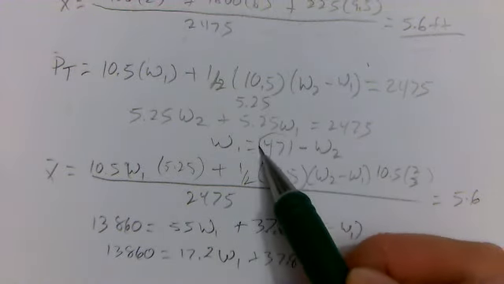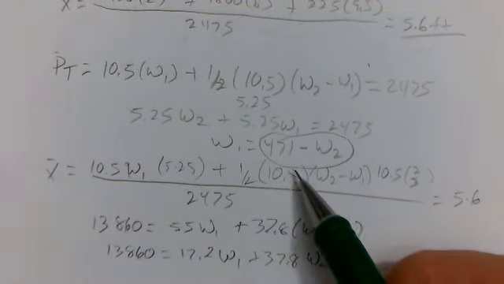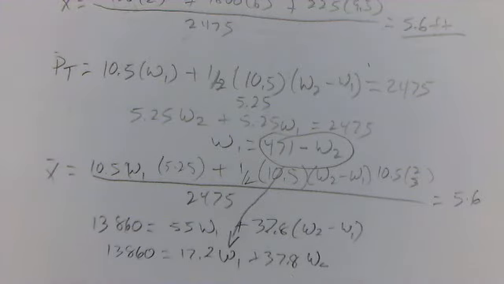Now we'll take this and put it into there, and we get 13,860 equals 17.2 times 471 minus W2, plus 37.8 W2.